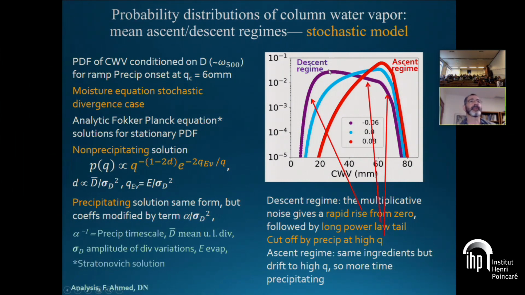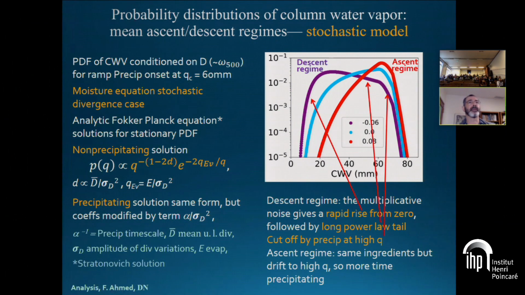And then you get this long power law regime whose exponent depends on the divergence. So in the descent regime, even though you have a peak at low water vapor, your noise will sometimes manage to get you up to quite high water vapors where your precipitation onsets, and then you enter a new regime.